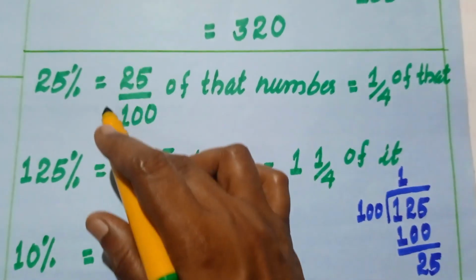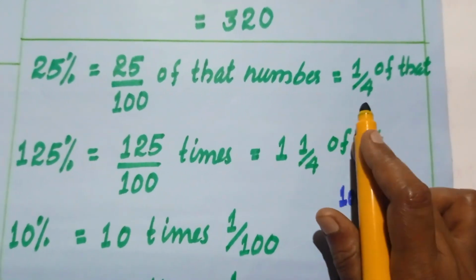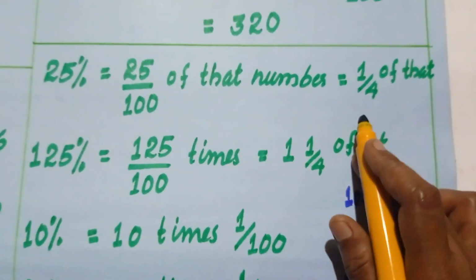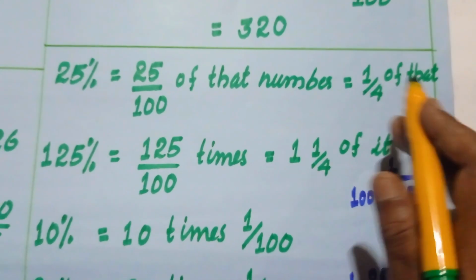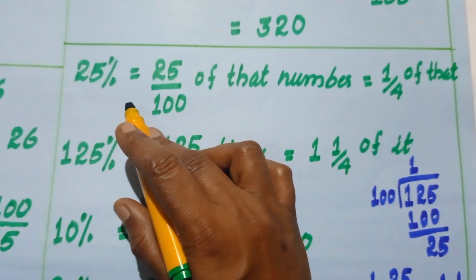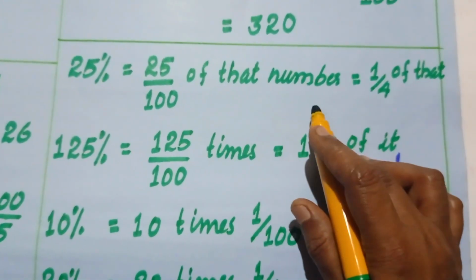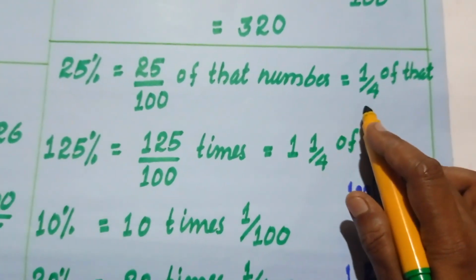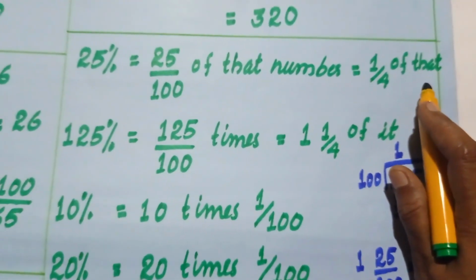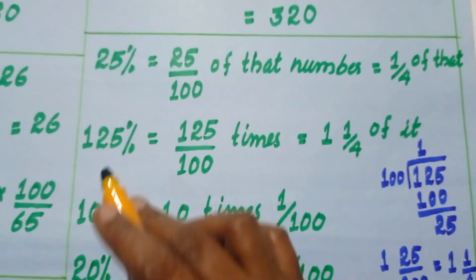Or this 25 by 100 can be simplified as 1 by 4, or 1 by 4 part of that number. Then 25% can be written as 25 by 100 part of that number or 1 by 4 part of that number. Then what about 125%?